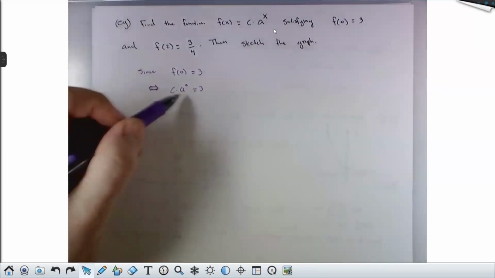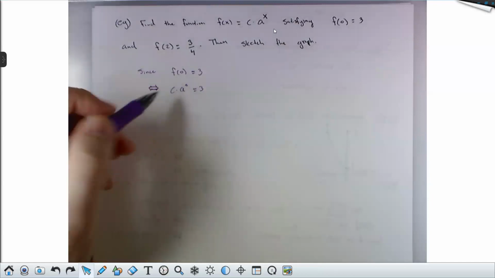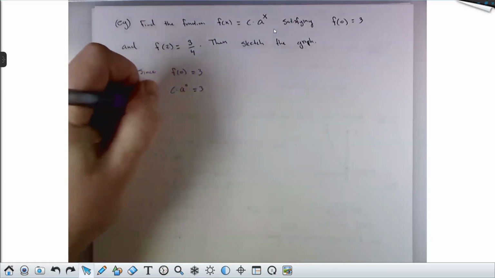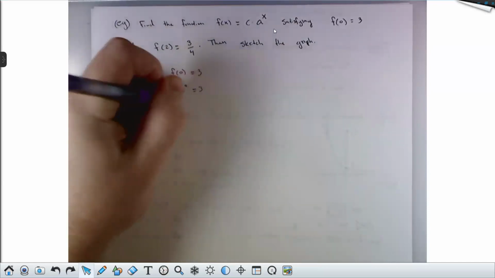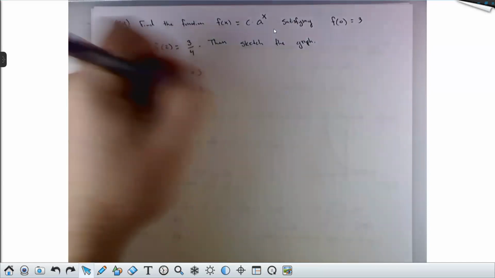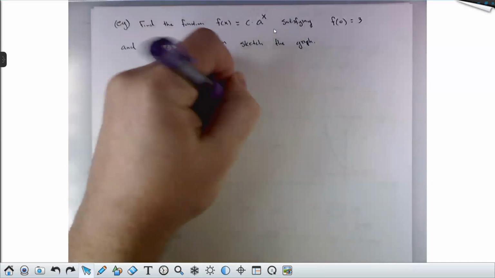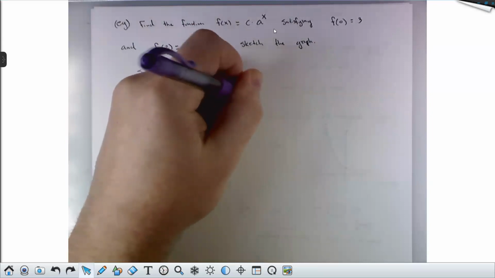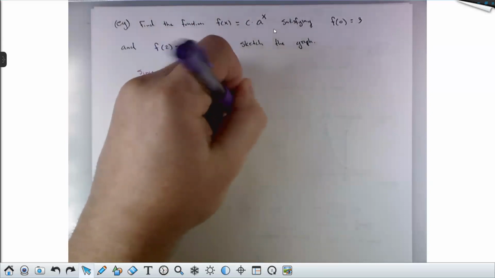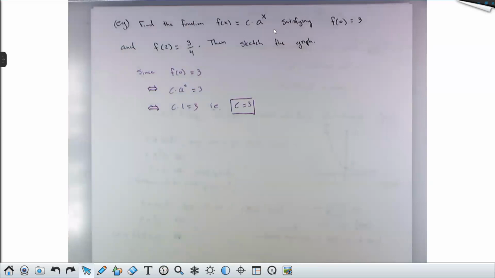And remember, a is just a number, it's a constant. So a to the 0 is 1. So this is c times 1 equals 3, i.e., well, c times 1 is just c, right? So this is c equals 3.